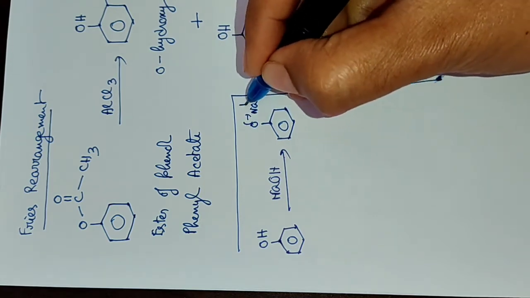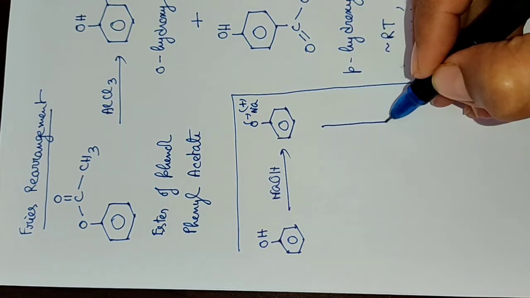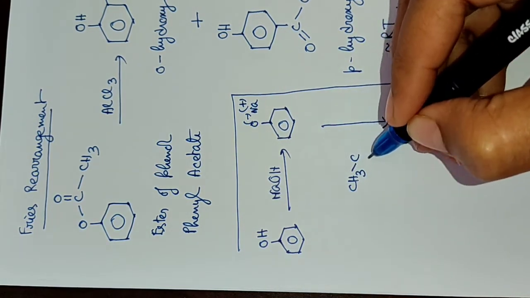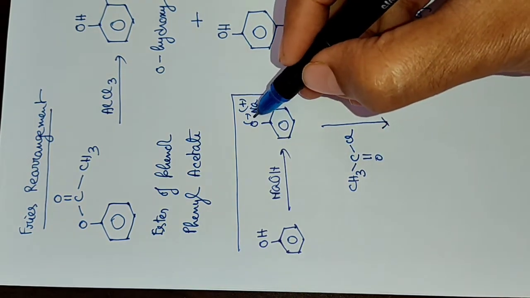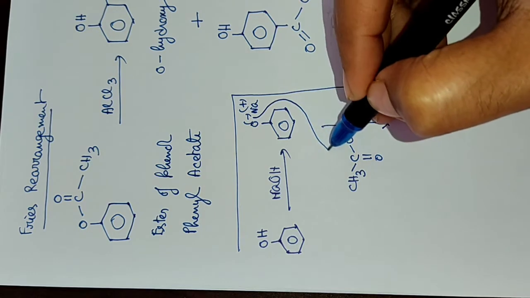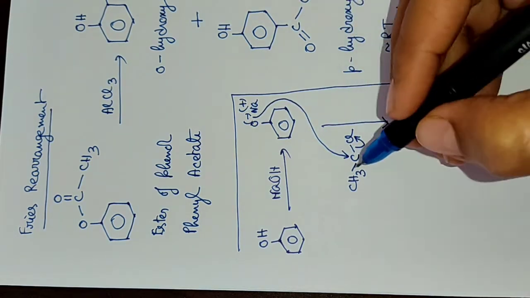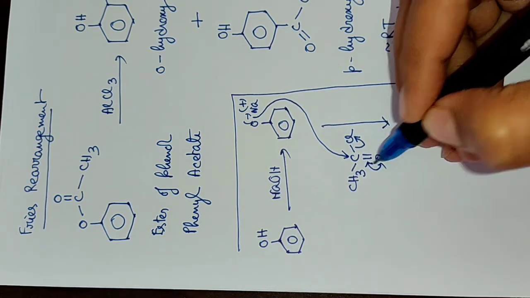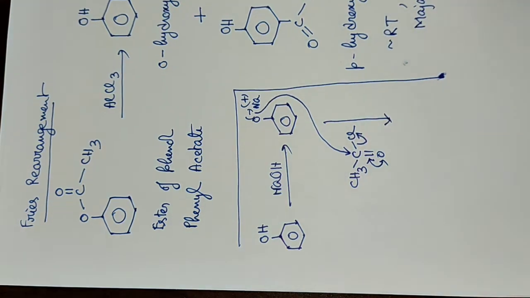You get the salt upon neutralization, and then if you apply acetyl chloride, then this O minus will carry out a substitution reaction here. First this pi bond will come here, then it will get back to its position, then Cl minus will be released.